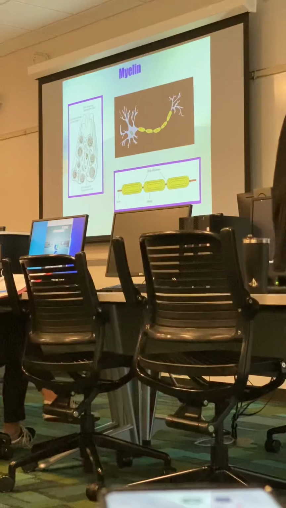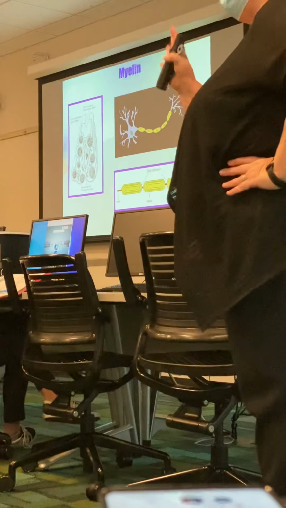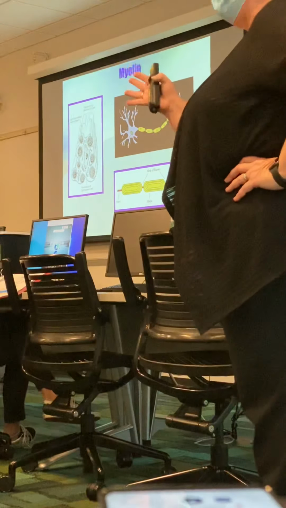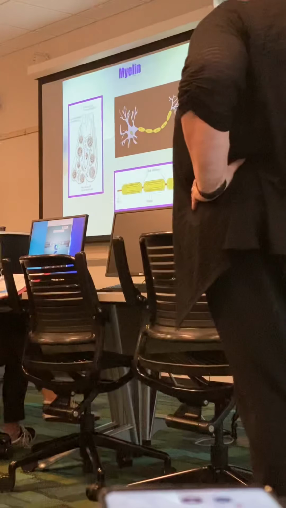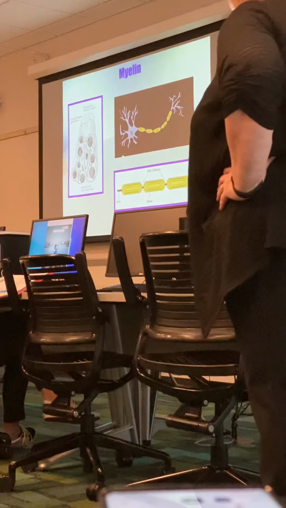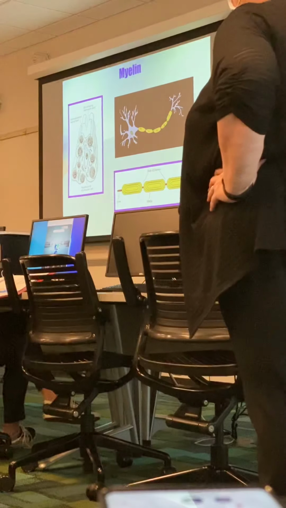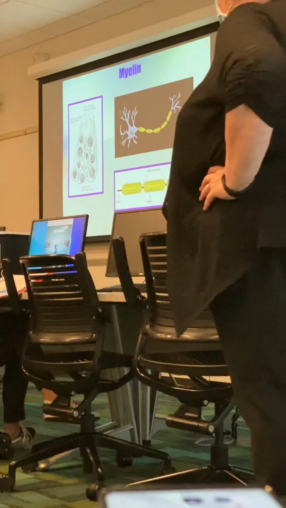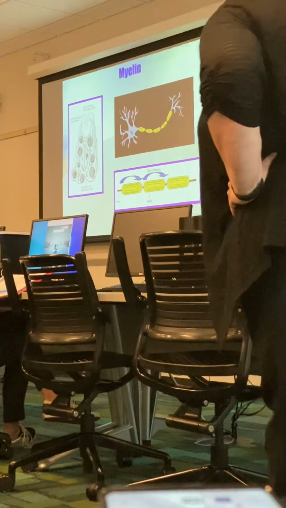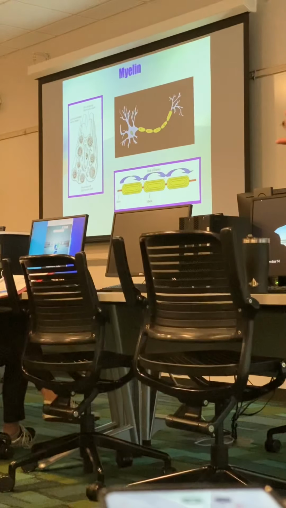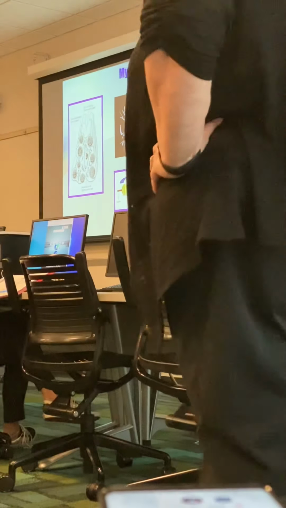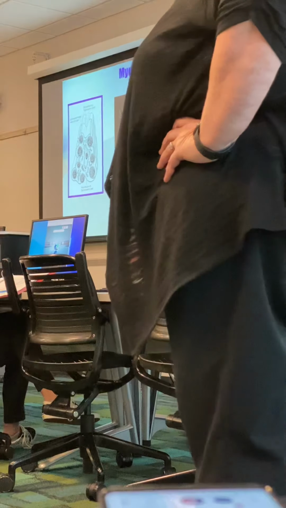And what happens is, as the nerve impulse or the action potential is sliding down that axon, it actually bumps from one node to the next. And that process of bumping down the axon from one node to the next is called saltatory conduction.